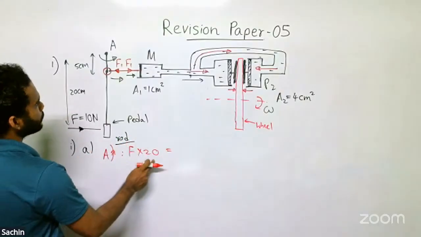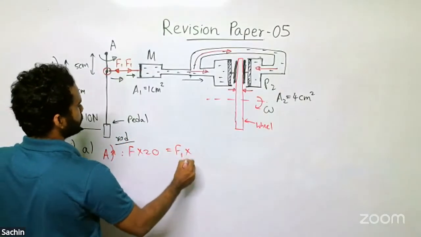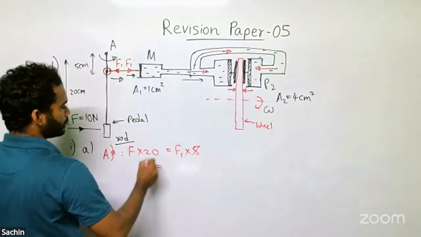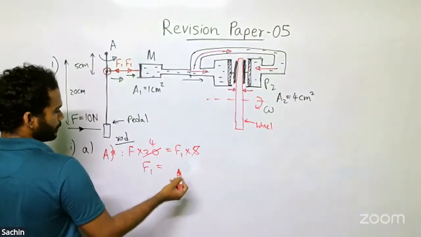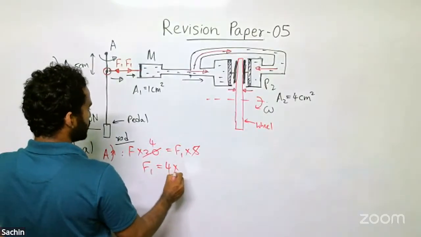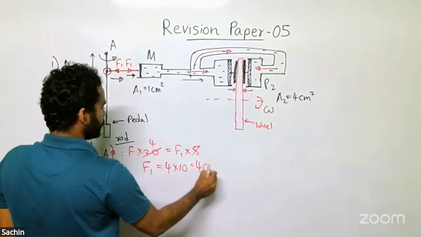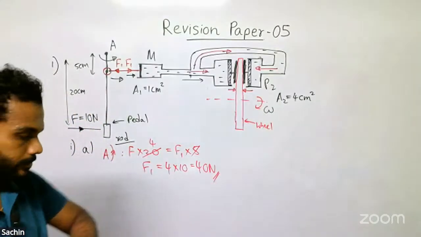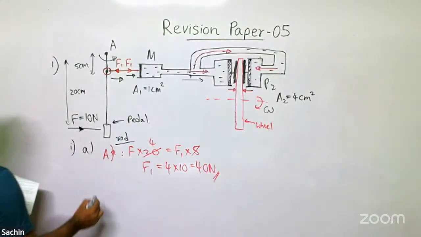So F into 20 should be equal to F1 into 5. F1 is equal to, here you can see these two get cancelled, F1 is equal to 4 times F, that is 40 Newton. Simple one.